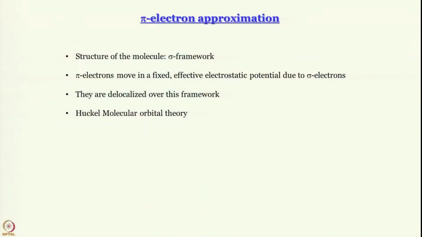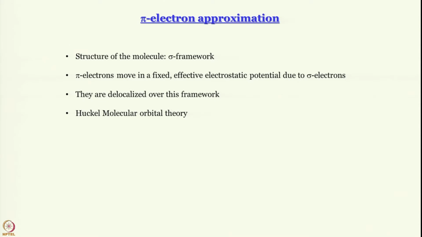With all these considerations, the simplest approach to pi electron systems is provided by Huckel molecular orbital theory. So, remember, Huckel theory is all about pi electrons. We do not even talk about sigma electrons here. So, for all you know, you might have treated the sigma electrons using valence bond theory, using sp2 hybrid orbitals or something like that.